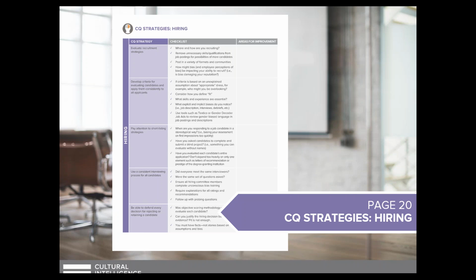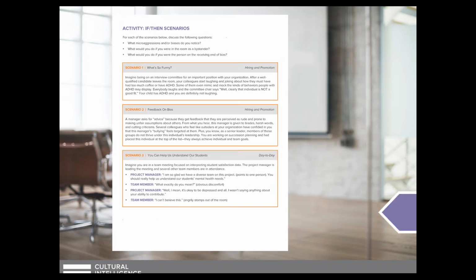You can see very clear CQ strategies for addressing bias in the hiring process, a checklist, and then there's opportunity for you to really allow participants to practice by taking a look at the checklist, but also identifying very specific areas that they can improve within their organizations or departments.